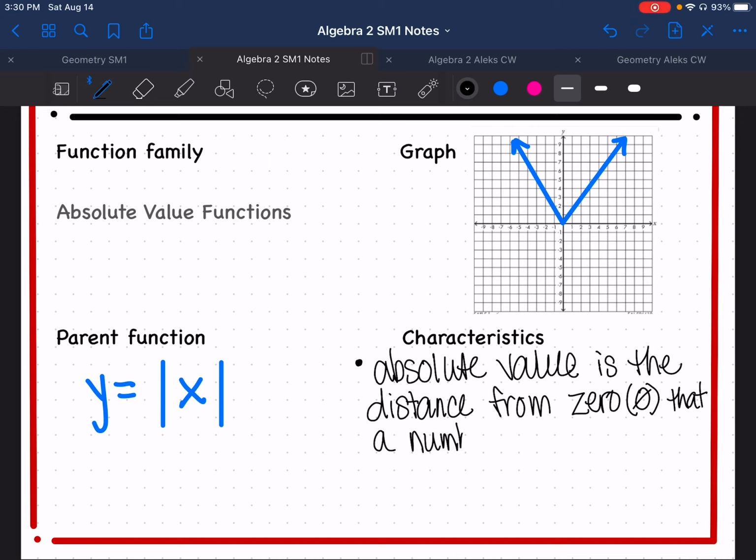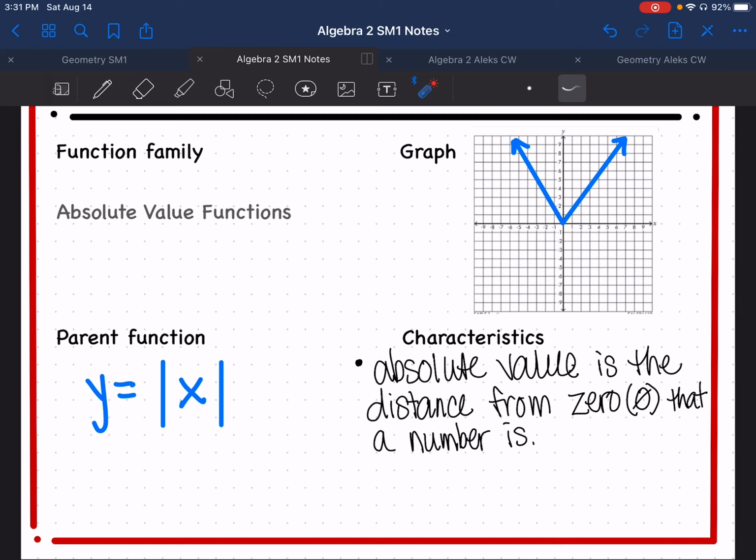Now, remember from geometry, distance, my good buddy distance, cannot be negative. So whatever number I put into the absolute value, +3, it comes out positive. If I throw in -3, it's going to come out +3. No matter what I throw in there, -5 is 5, and 7 is 7.